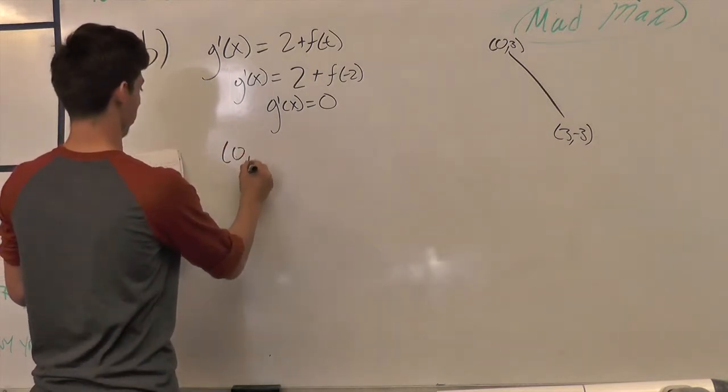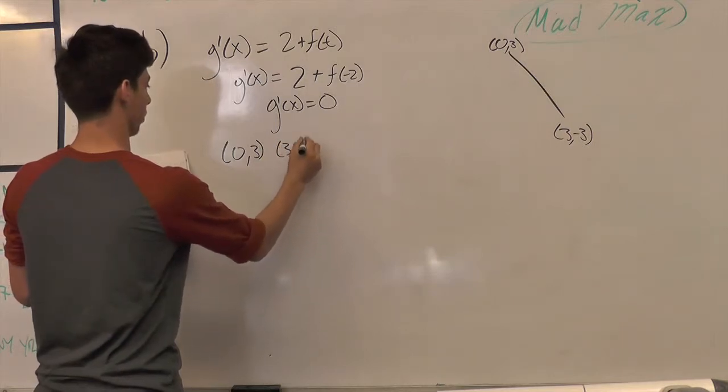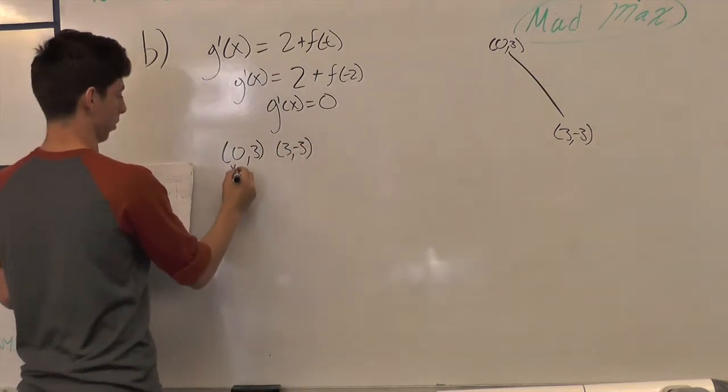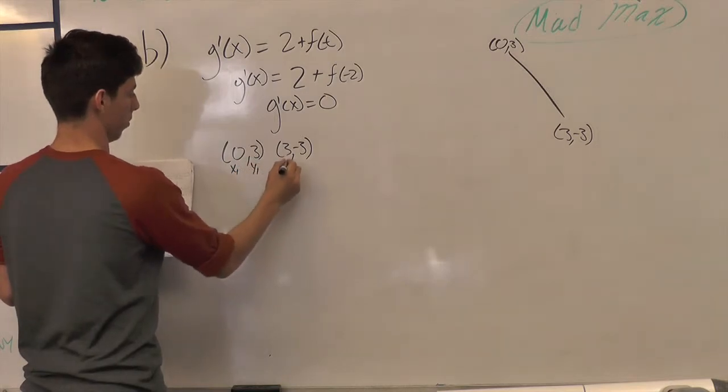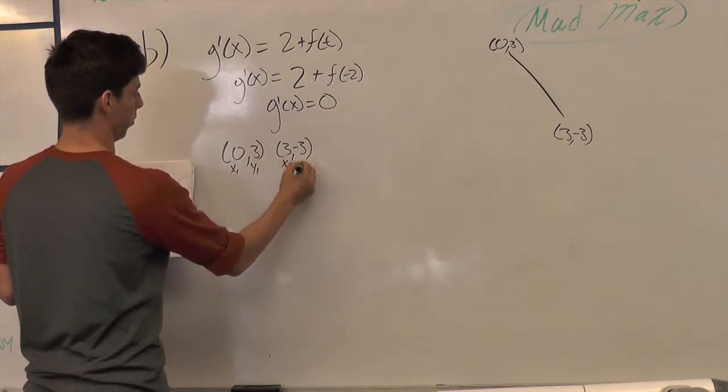So (0, 3) is x1, y1 and (3, -3) is x2, y2.